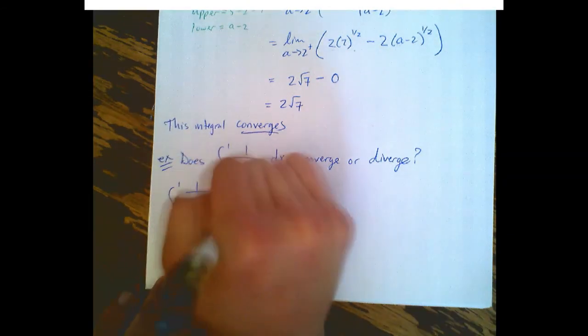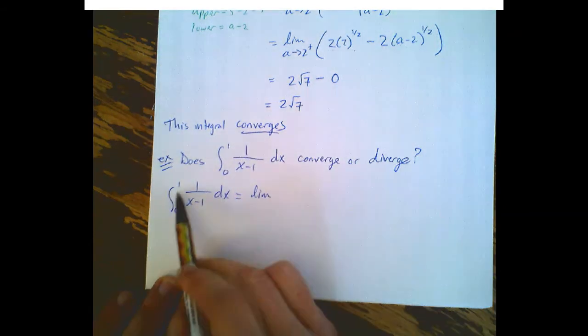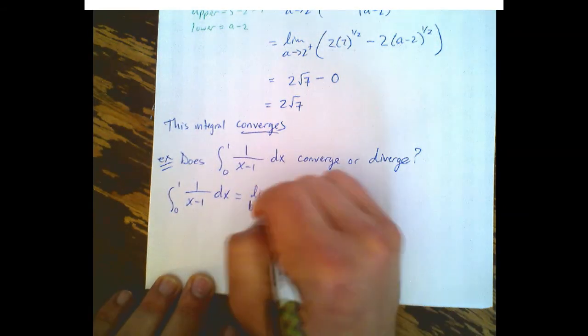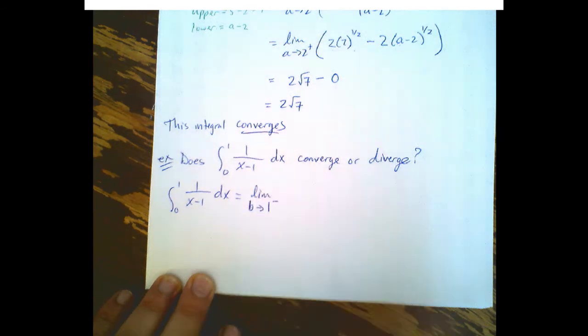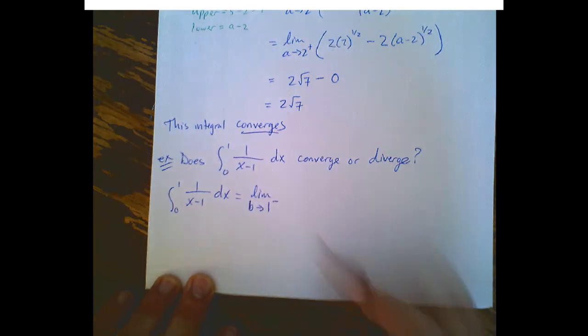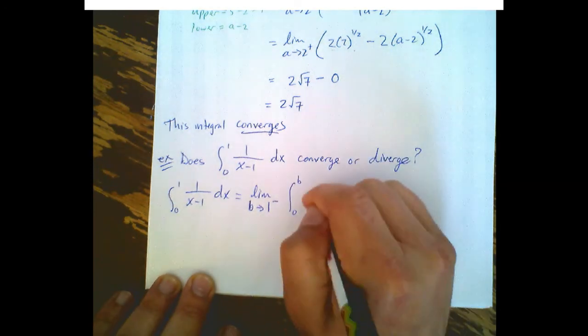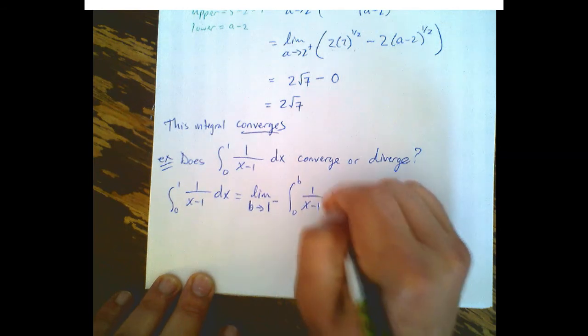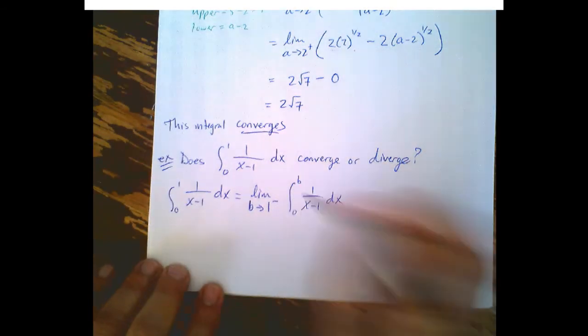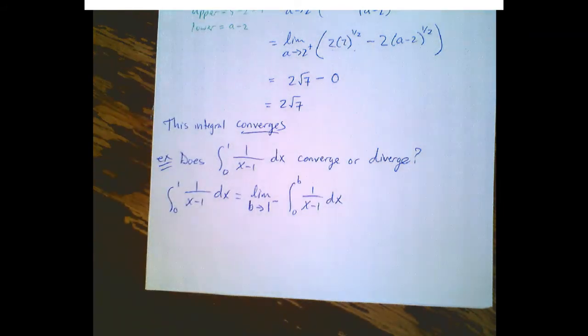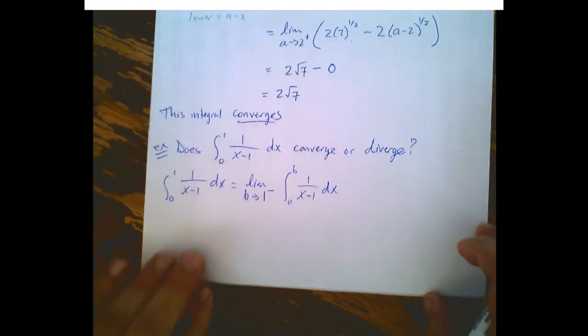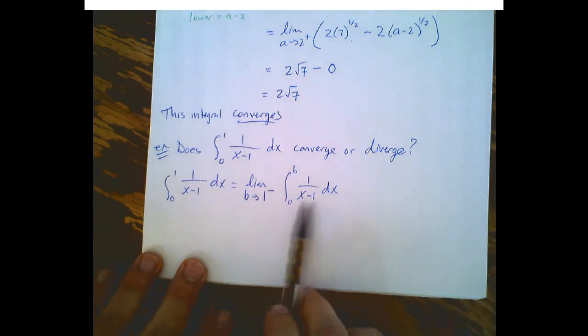The integral from 0 to 1 of 1 over x minus 1 equals the limit as, since this is the upper bound, let's use b, b goes to 1 from the left side. We're approaching from the left as we sweep across the interval. The integral from 0 to b of 1 over x minus 1. So we know from our partial fraction lectures that the antiderivative of this is just the natural log, right?